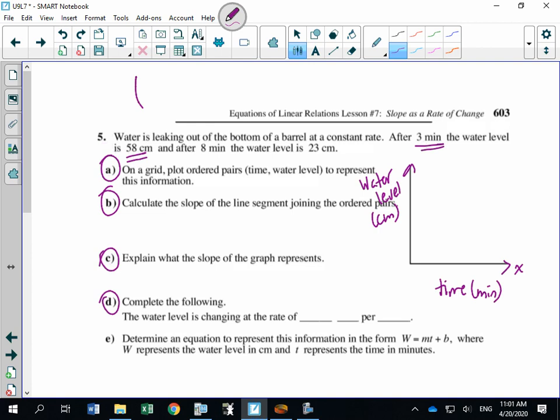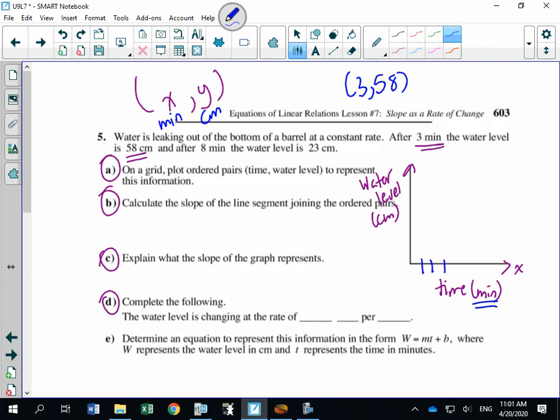So where does minutes go according to x comma y? So minutes go on your x-axis, right? And your y-axis is water level. So my first ordered pair at 3 minutes, the water level is 58 centimeters.